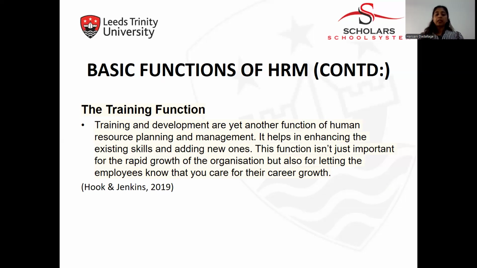So through training, on one hand, the organization will be successful because trained employees will help in achieving organizational goals successfully. And on the other hand, employees will be satisfied and motivated because employees will feel that the organization cares for their career development.